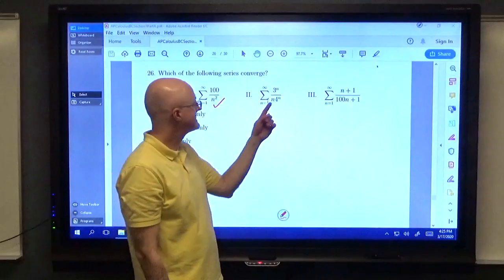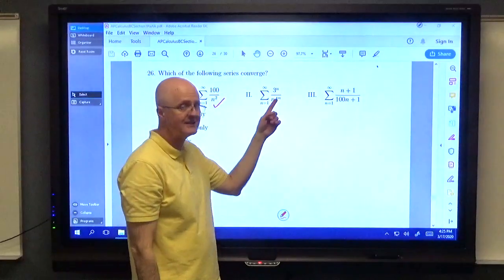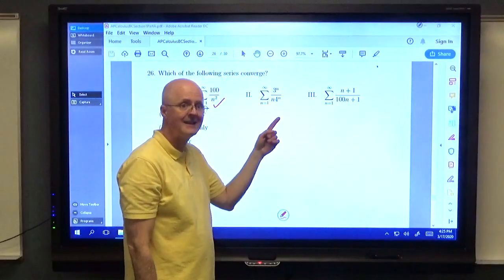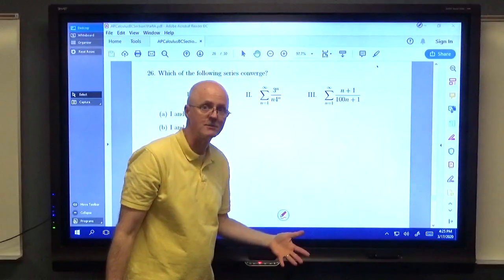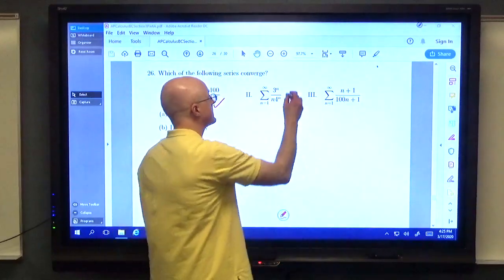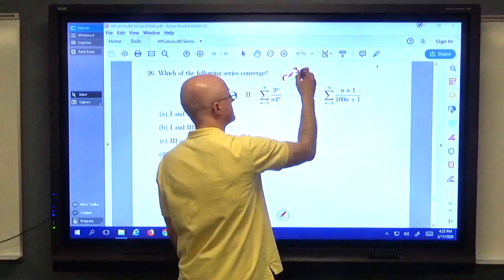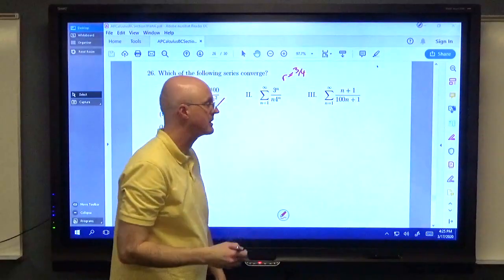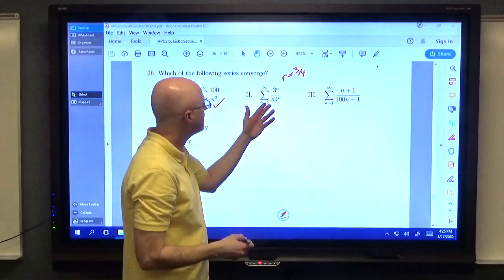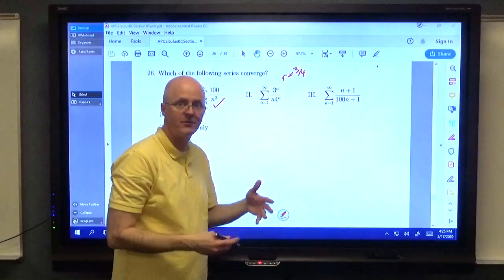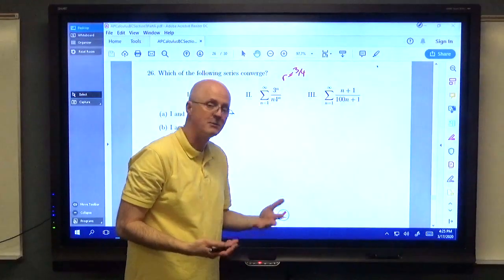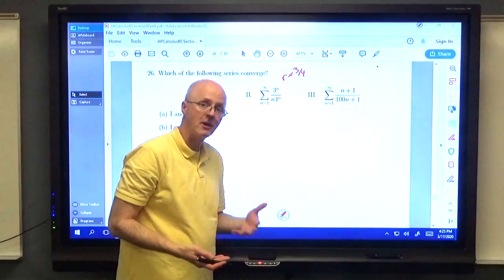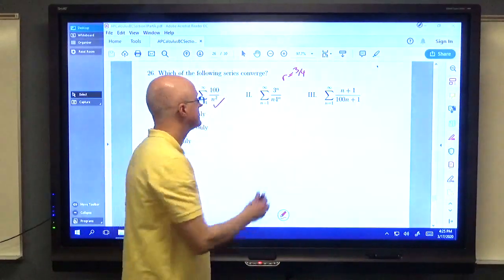This one is really geometric terms divided by n, they're smaller than geometric terms. Geometric with common ratio 3/4, which would converge, the series would converge. When you divide by n as well, you're going to have terms that are even smaller, still positive, by something called the comparison test. This one would converge.